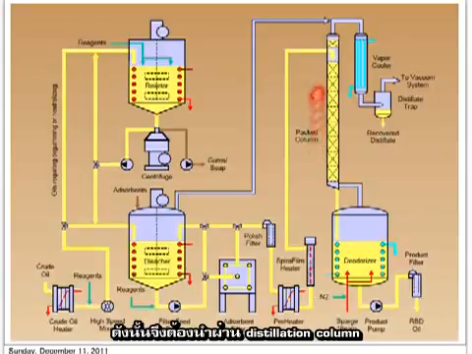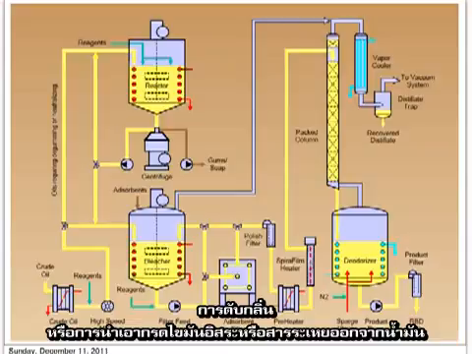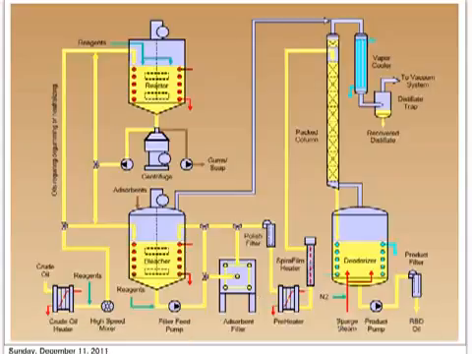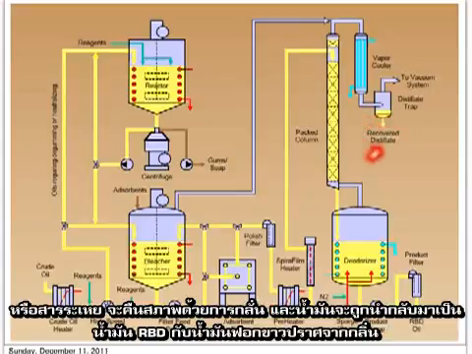So here we have a high pack column, which is the distillation column, to deodorize and to remove the free fatty acid and the volatiles from the oil, and the volatile material will be recovered as distillate, and the oil will be recovered as RBD oil, which is refined, bleached, deodorized oil.